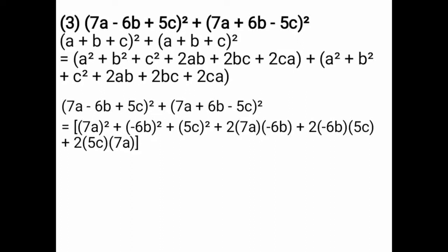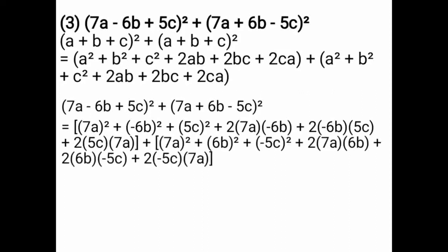Now write the expansion form of the formula of (a plus b plus c) the whole square for the second bracket: plus (7a) the whole square plus (6b) the whole square plus (minus 5c) the whole square plus 2 times 7a times 6b plus 2 times 6b times minus 5c plus 2 times minus 5c times 7a.